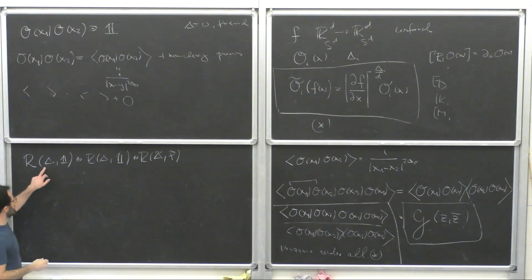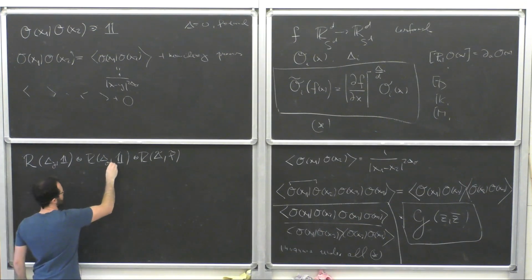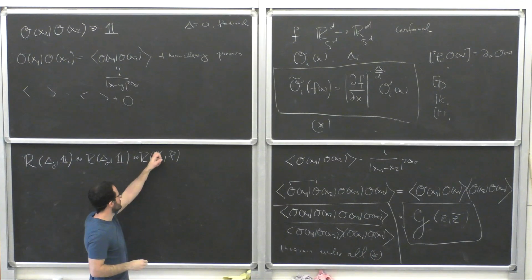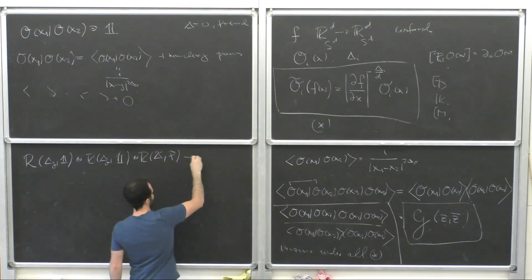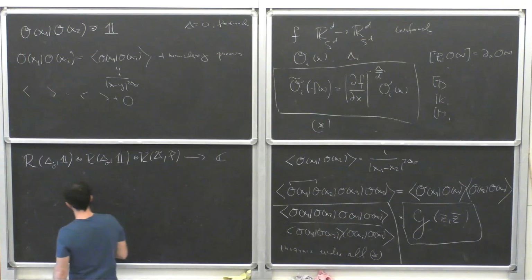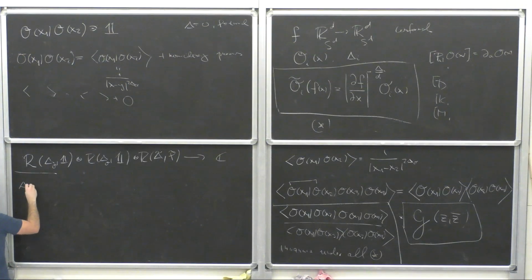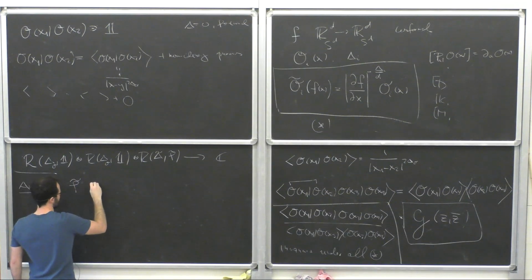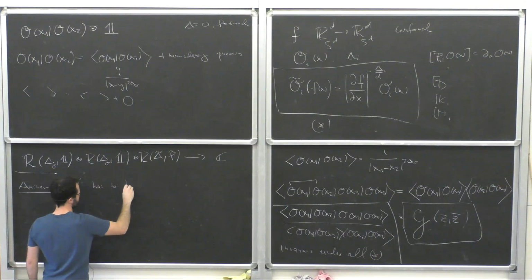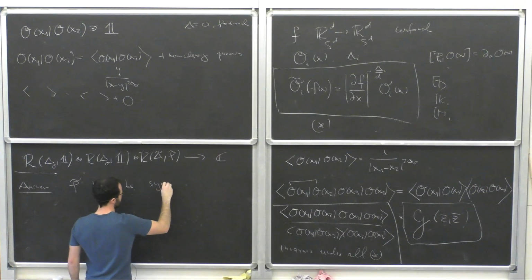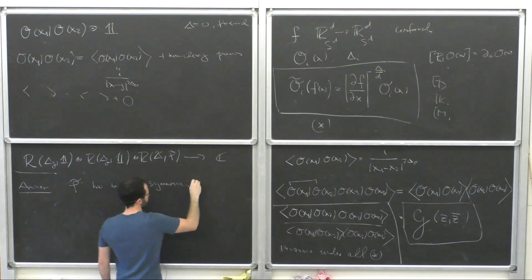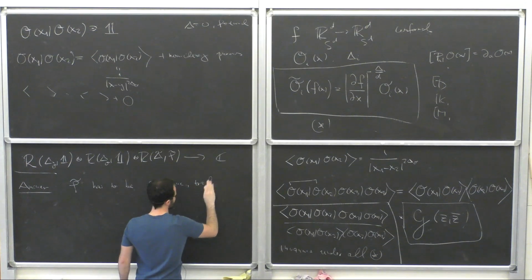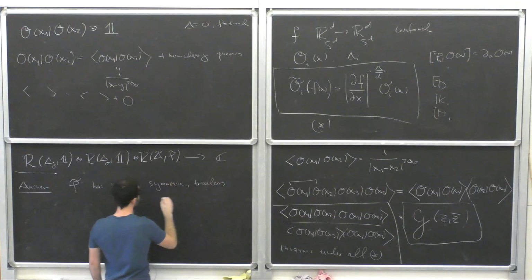So these are the two identical scalars, delta_O, and we are asking for which delta tilde and rho tilde we can find a conformally invariant three-point function. The answer is not obvious, but the answer is that rho tilde has to be symmetric and traceless, but of any spin.